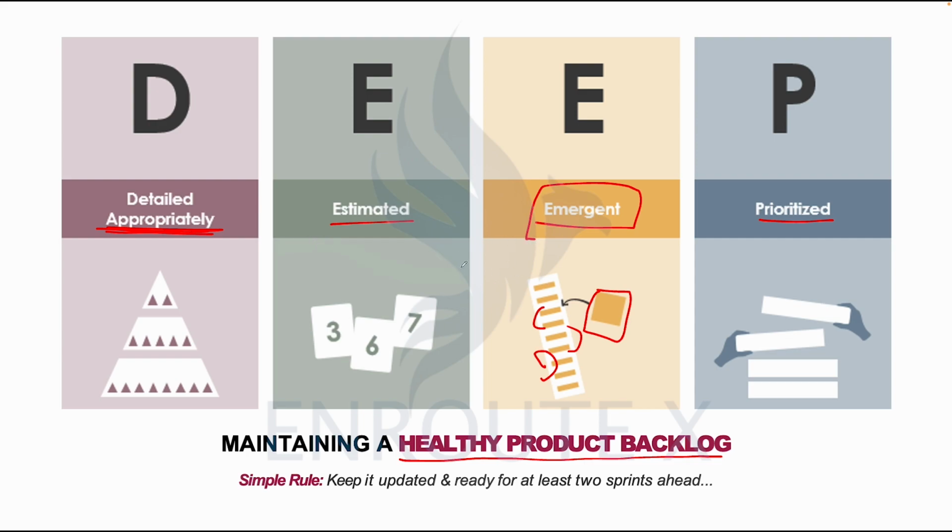I hope this is clear to us. Simple rule: keep it updated, ready for at least 2 sprints ahead. When we say ready for at least 2 sprints ahead, we are making reference to backlog refinements, when your backlog is continuously being prepared and made ready for future sprints.